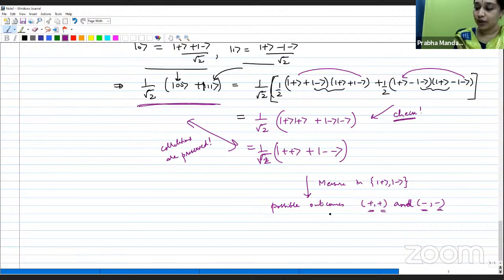You cannot have the outcomes plus-plus and minus-minus. So the correlations are exactly preserved. This is what one has in mind. This is an approach for you to think about that question, where you take the Bell state in a particular basis and try to look at what the outcomes will look like in a different basis. Okay, so I hope that helps.